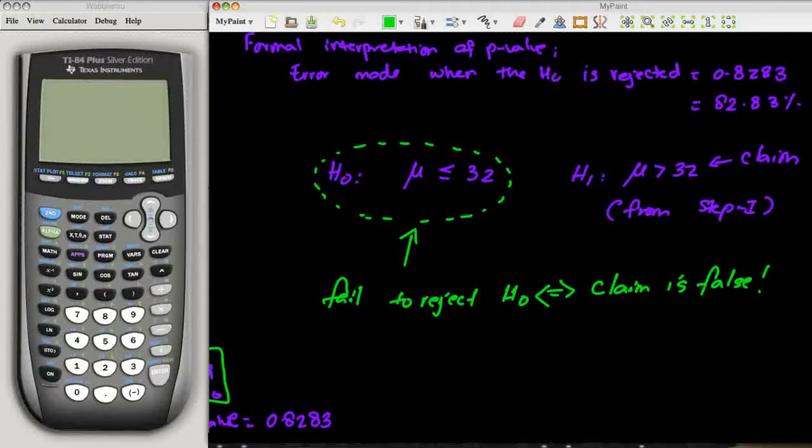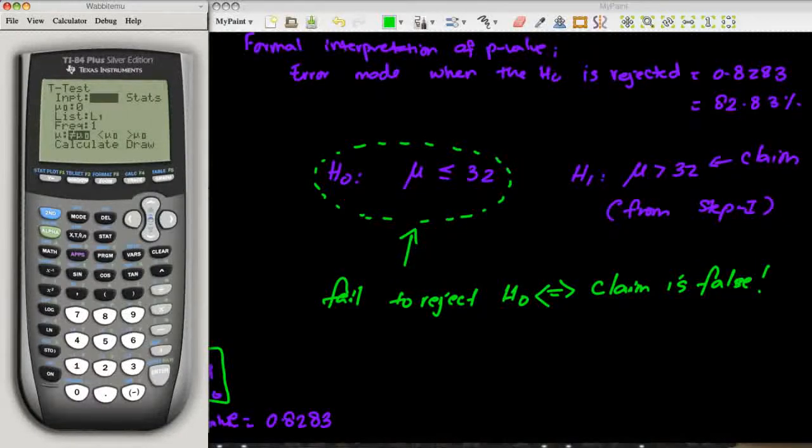This can also be done using a calculator, and it's quite straightforward. So I'll show you how this test can be done using a calculator. Press STAT, go over to TESTS, select option 2, which is a t-test. I have the data in list 1, so select that.